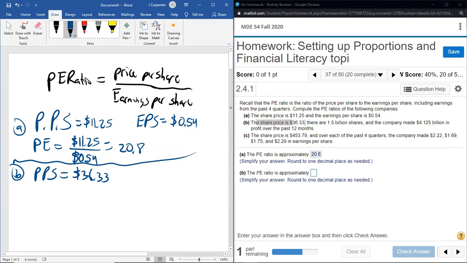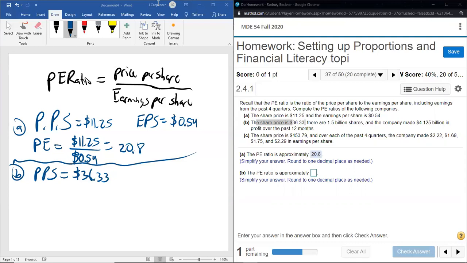That's not earnings per share. And then they say that the company made 4.125 billion in profit. So profit is another word for earnings, as a reminder. Profit, earnings, literally the same thing, but that doesn't say earnings per share. That would actually be a ton of earnings per share.